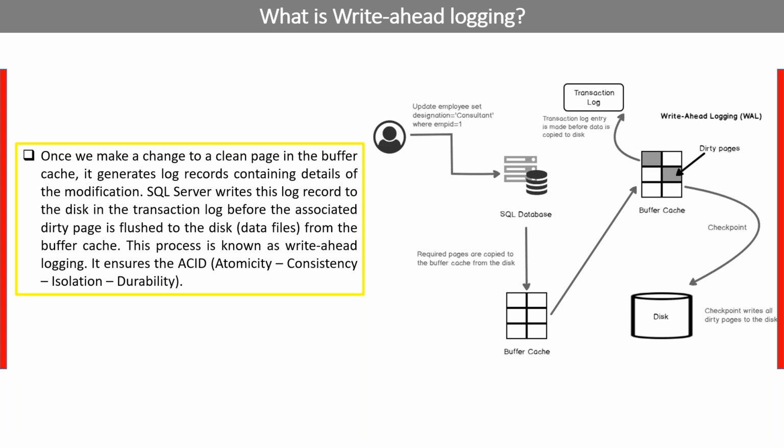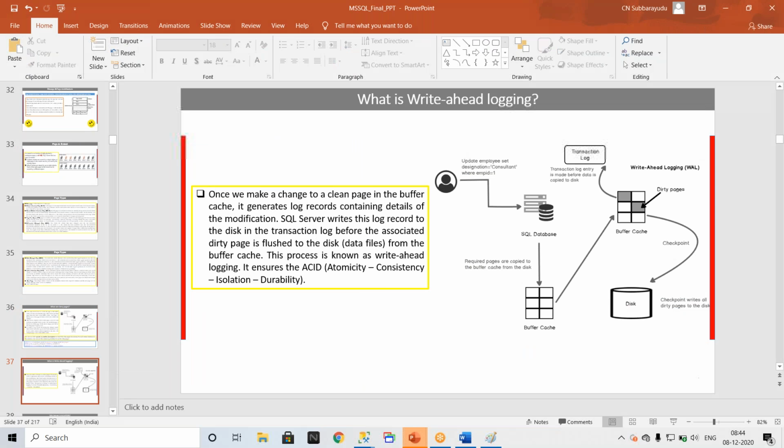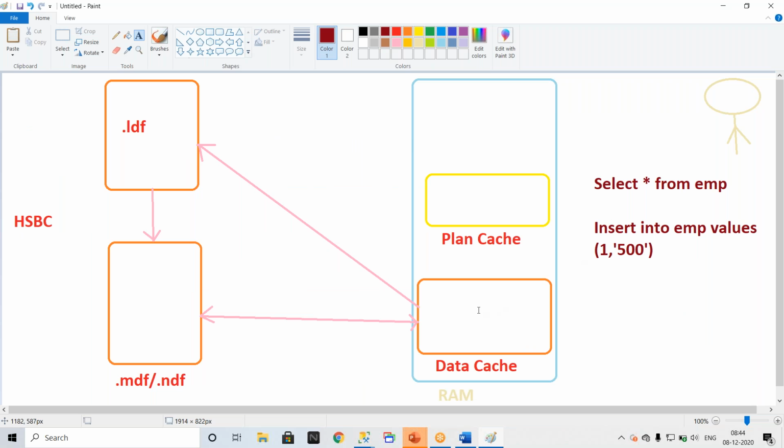See, I am performing all the changes in the data cache. So can I move the modified data directly to the MDF? No. You cannot move any data directly to the MDF. Every change you perform over the data cache must make an entry in the log file.